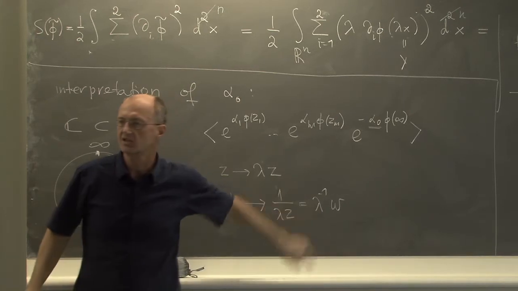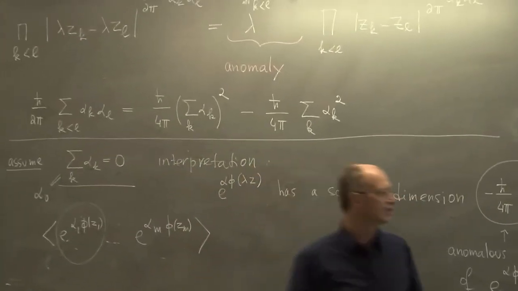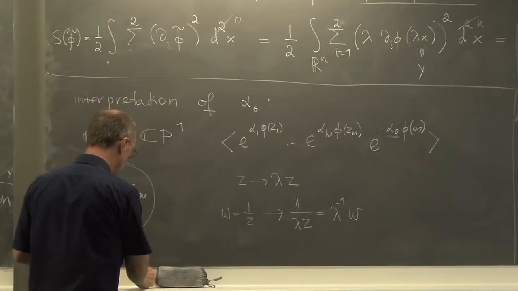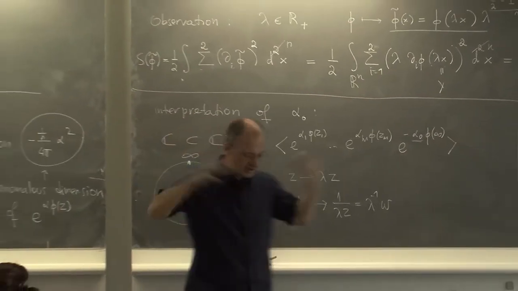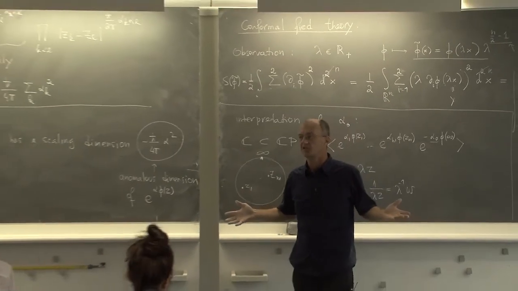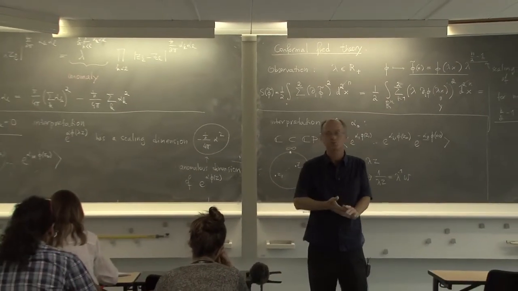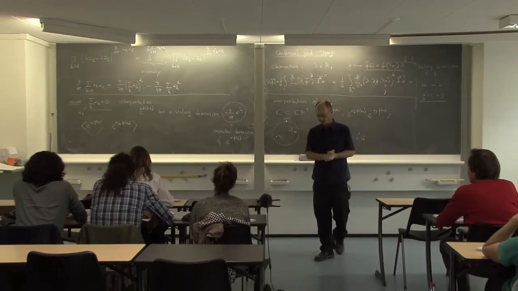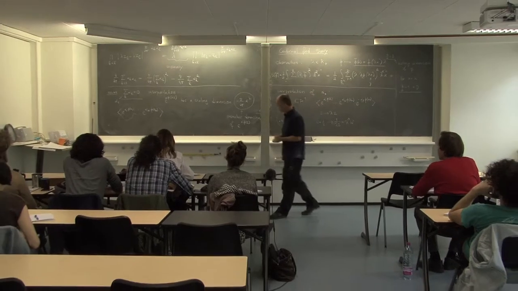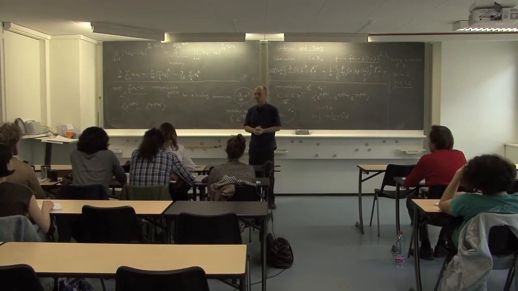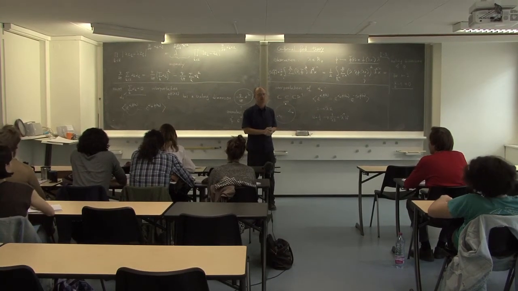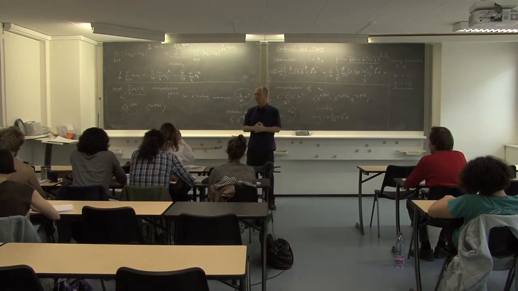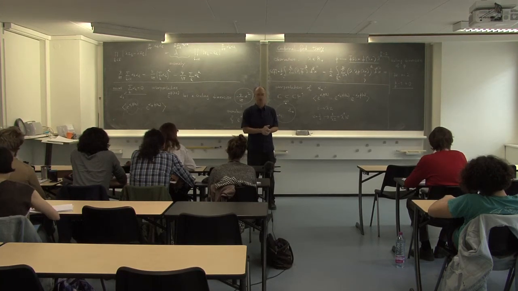So that's the interpretation of this factor. So in fact, this is a function which is defined on CP1, or tensor, better say tensor defined on CP1, and that's the transformation of this tensor under those scaling transformations. So in one of the exercises, I'm asking you to look at the fractional linear, the Möbius transformations, and see how it works for them.